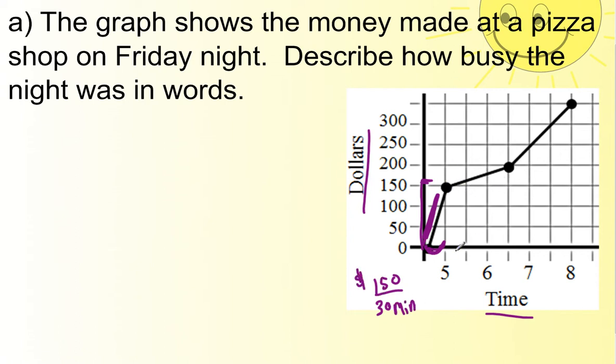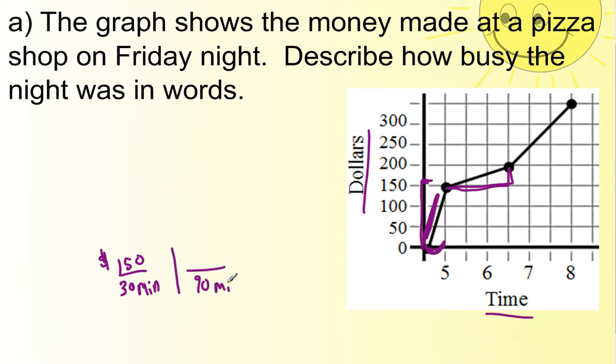In the next time span between 5 and 6:30, so that was an hour and a half, that's 90 minutes, they only made $50. Let's move all this over here. So in the next time span, in 90 minutes, they made $50.